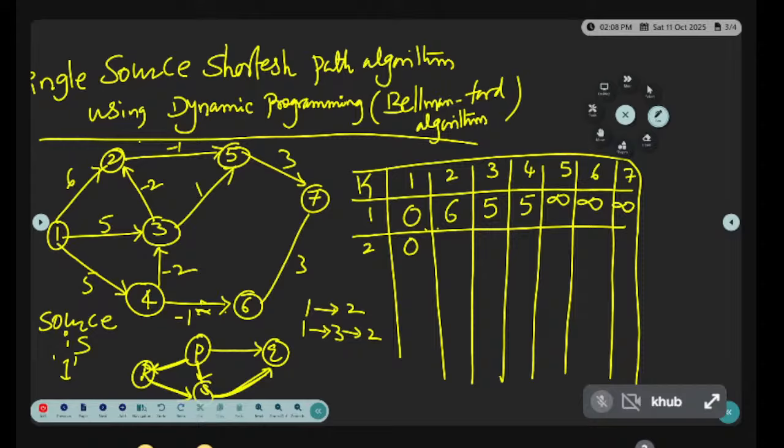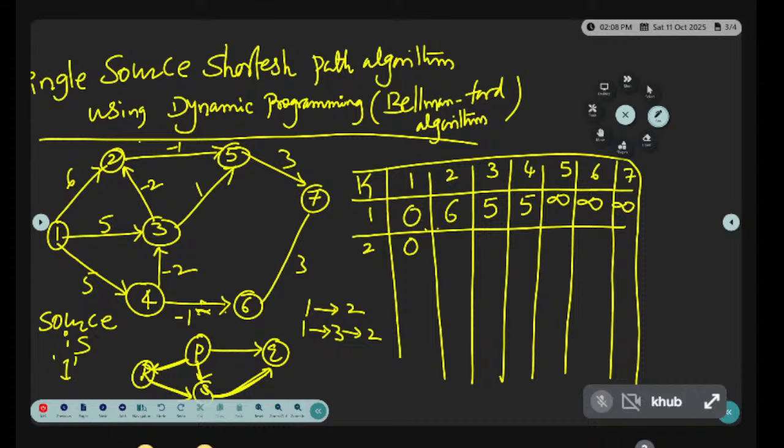First, identify whether there is any possibility with 2 edges. This is one possibility. Any other? 1 to 4, 4 to 3, 3 to 2, but that involves more nodes, and here we need to calculate only 2 edges. So there is only one possibility.